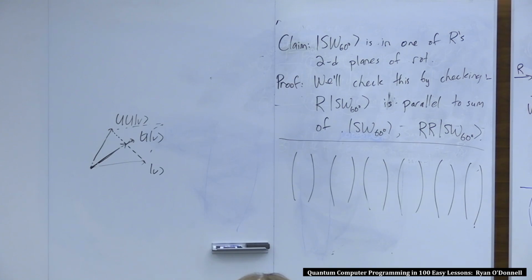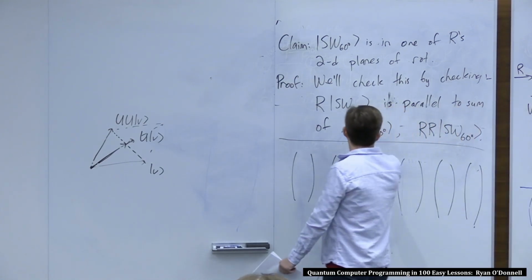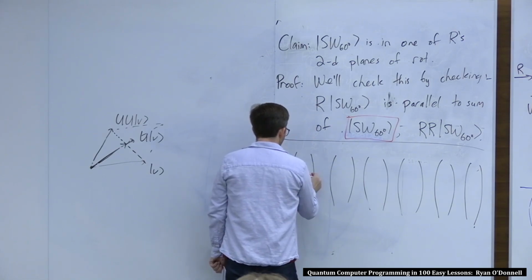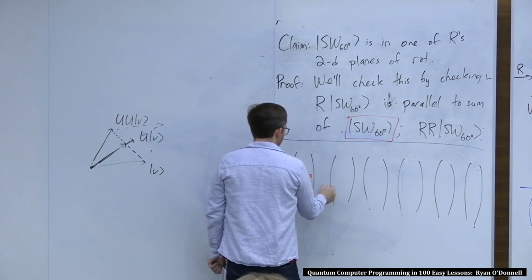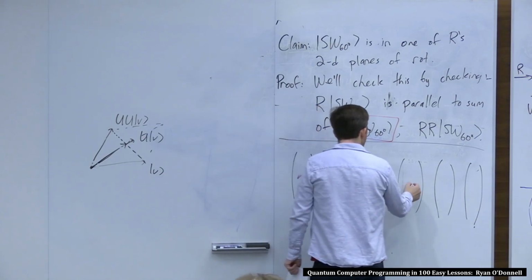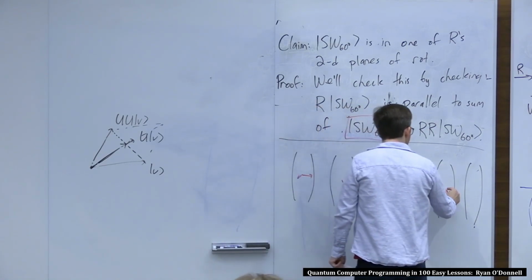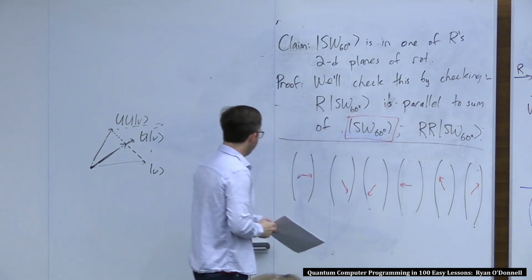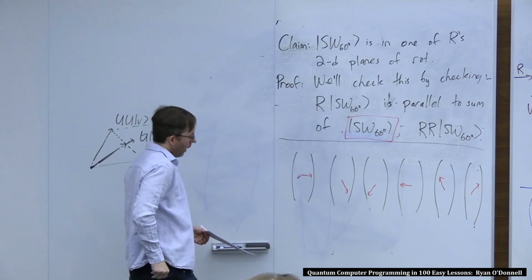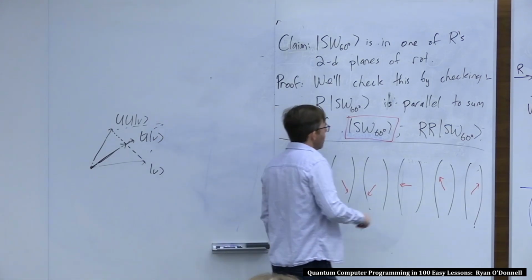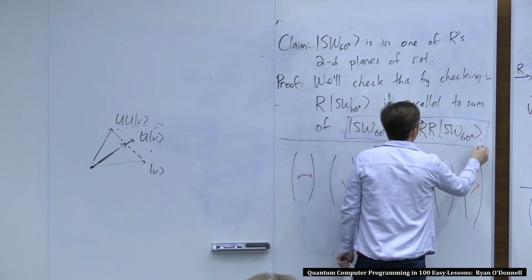For just this one, the steering wheel state, it's horizontal, and then it ticks around by 60 degrees. So 60, 60, 60, 60, 60. And then we'll do the 2 times one here.